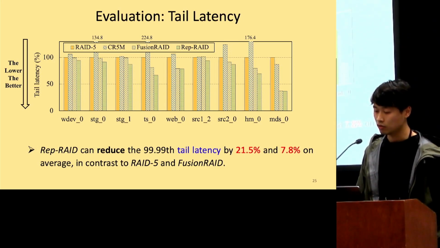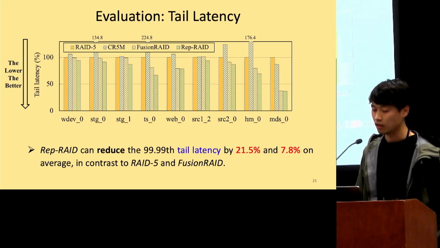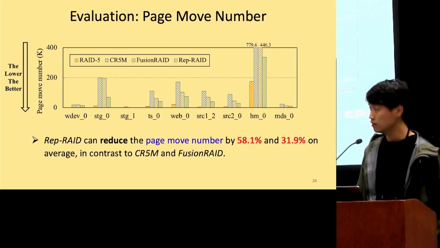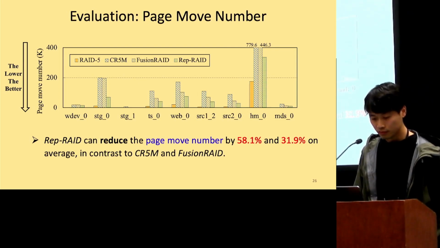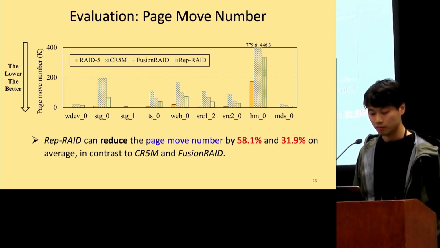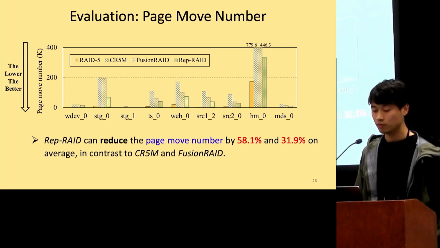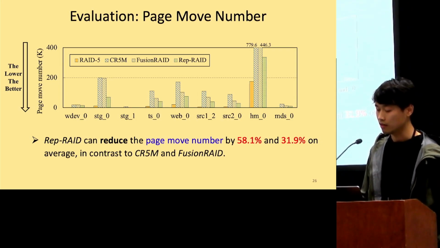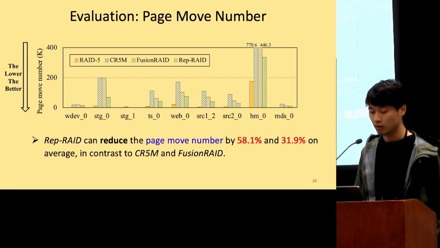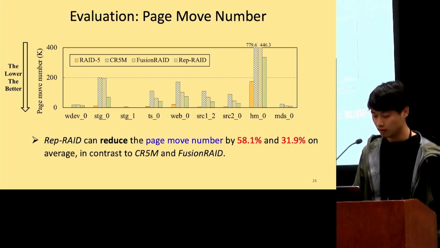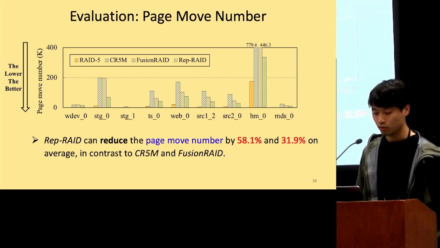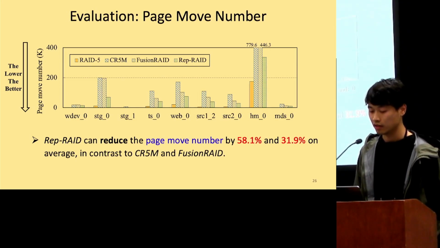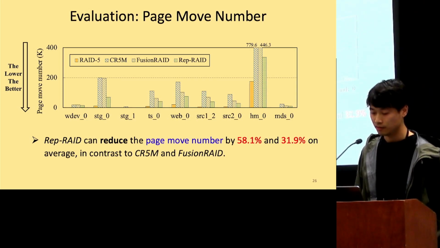And finally, I will show the page move results. In this figure, our proposed method RepRAID can reduce the page move number during the garbage collection by about 58% and about 31% on average in contrast to the 2 related works, CR5M and FusionRAID.